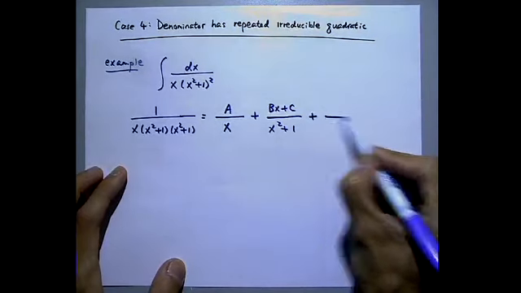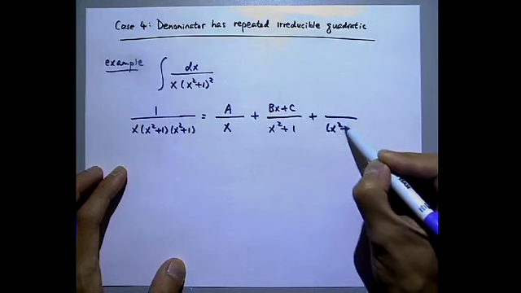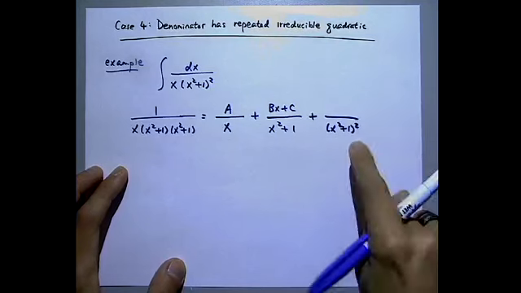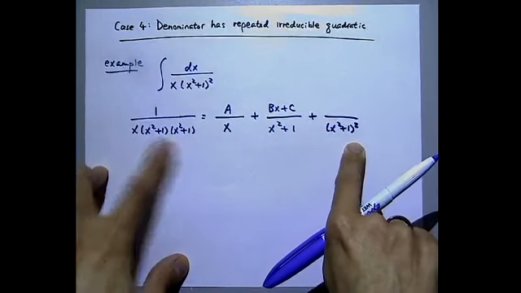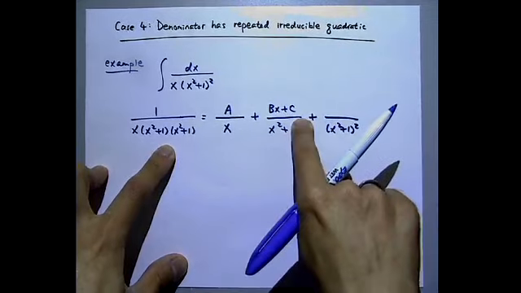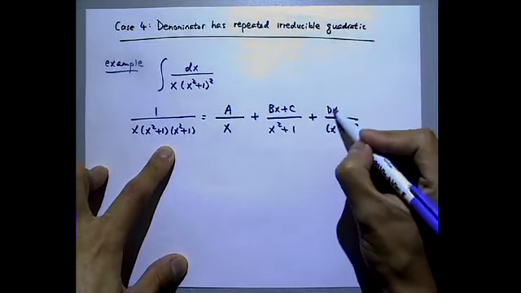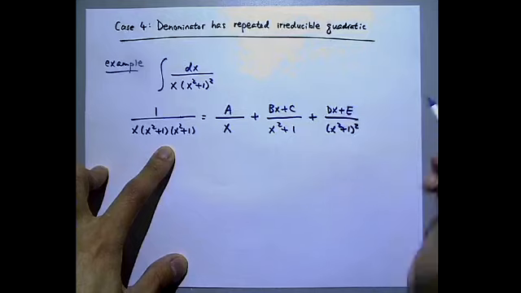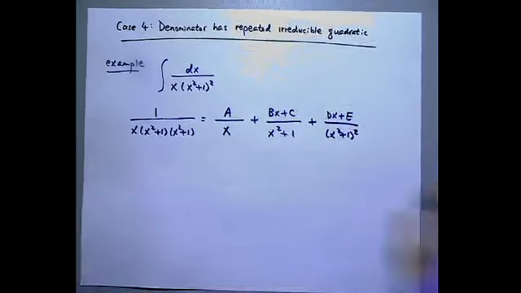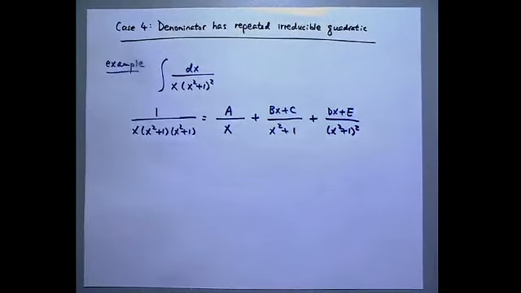And now, just like with the repeated linear factor, we introduce that squared and another one of those, Dx plus E. A, B, C. Yep, that's right. So it's the same way you handle these things, linear, quadratic. We're not going to cover cubic, but if cubic were to show up, same idea.